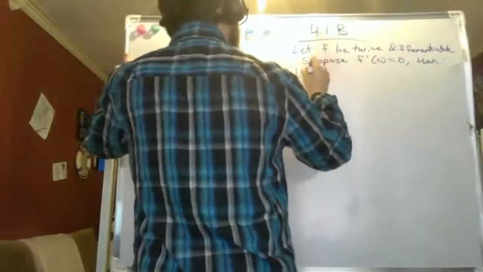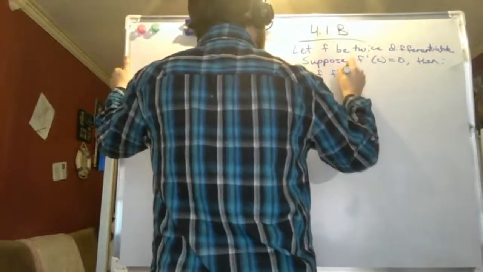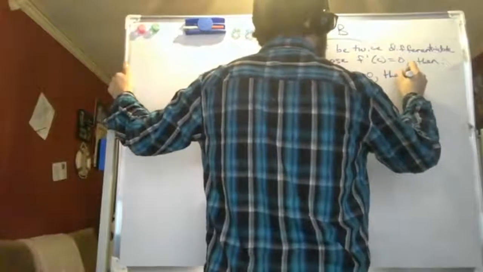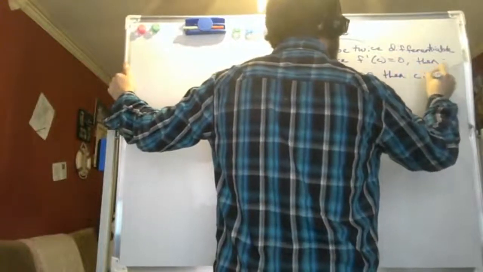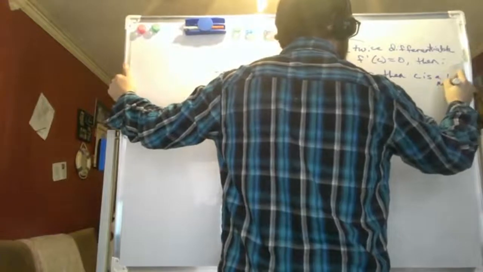So we're looking at points where the first derivative is equal to 0. Then case 1: if the second derivative at that point is greater than 0, it's positive, then c is a local min. Why is that?